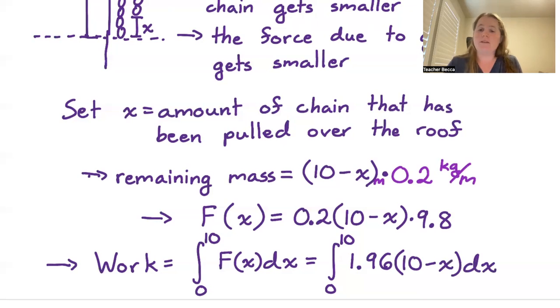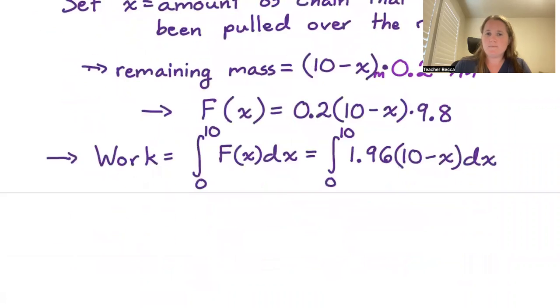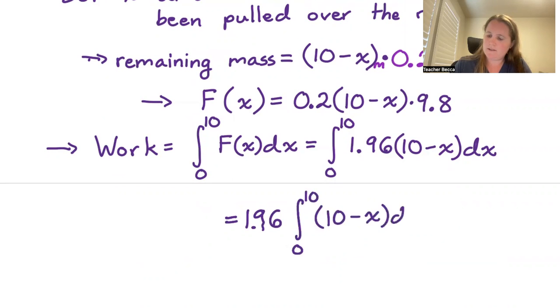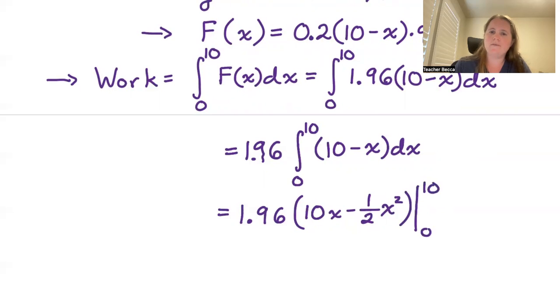At this point, we just have to integrate. We have 1.96 times the definite integral from 0 to 10 of 10 minus x dx, otherwise known as 1.96 times 10x minus 1/2 x squared, evaluated from 0 to 10.